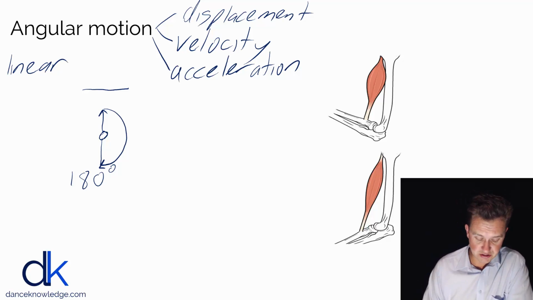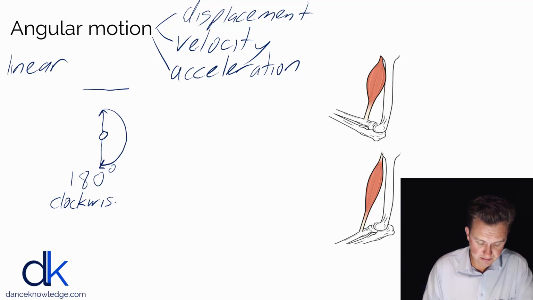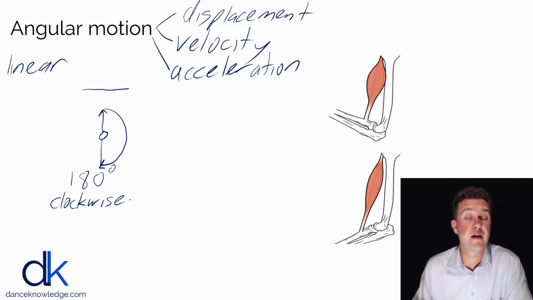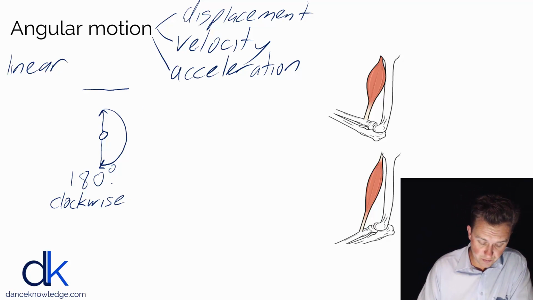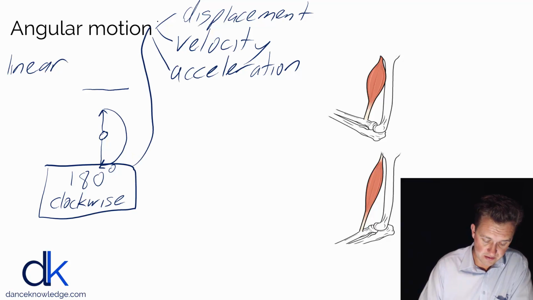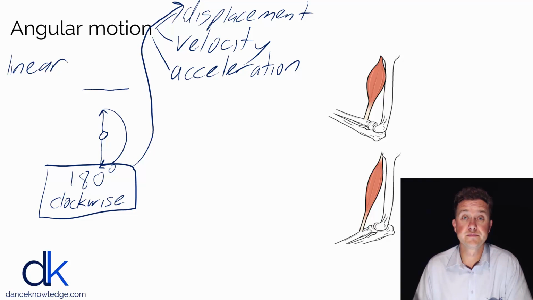And if we throw a direction on here, which in this case is clockwise, then we have a distance, we have movement through space, we have a direction, and so therefore this 180 degrees clockwise means we have an angular displacement happening.